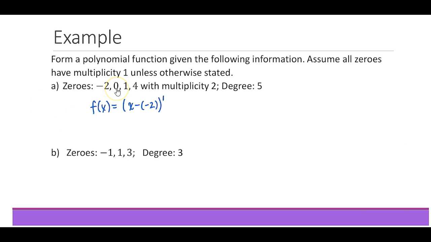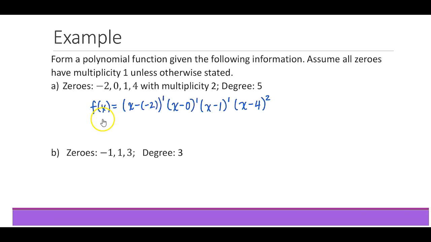If 0 is a 0, then the factor x minus 0 has to be included in our polynomial, and again with a multiplicity of 1. If 1 is a 0, then x minus 1, again to the power of 1, has to be a factor. And then lastly, to have 4 as a zero with a multiplicity of 2, we need a factor that looks like x minus 4 as a quantity squared.